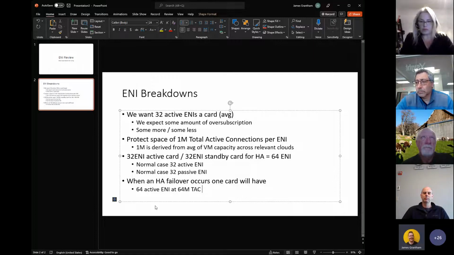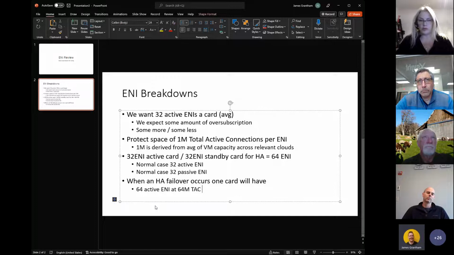Now we get to this 64 number because of the way that we do partner replication. Some of this is in Dash today, but it's something I think we'll go more into in the future. The way that we do high availability, there are two cards and they're both active. However, one card has 32 active ENIs and then 32 passive that it's just receiving replication from its partner on.